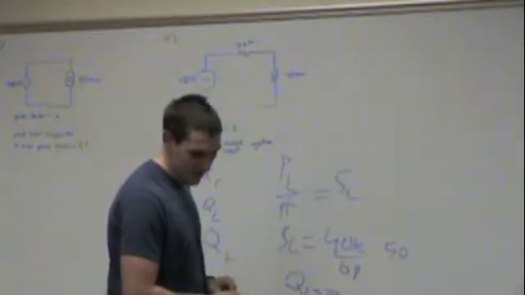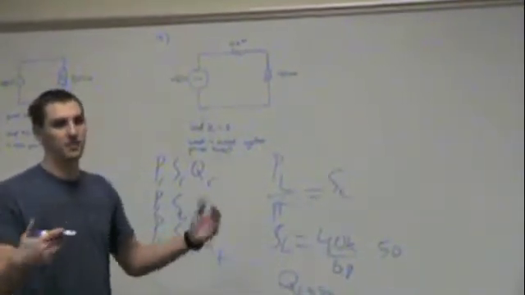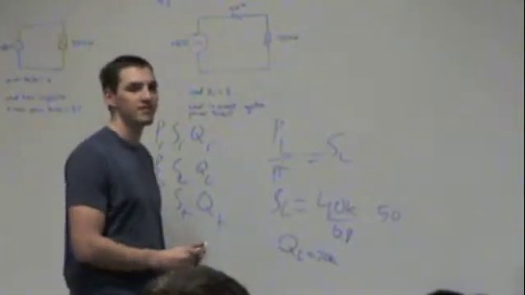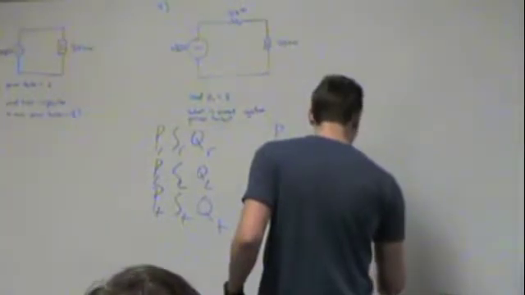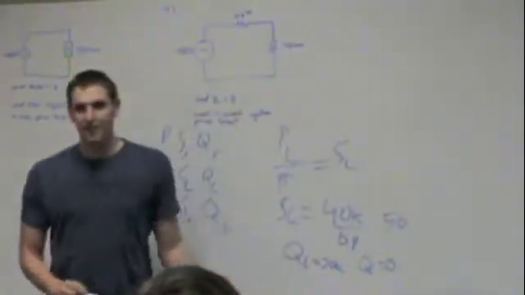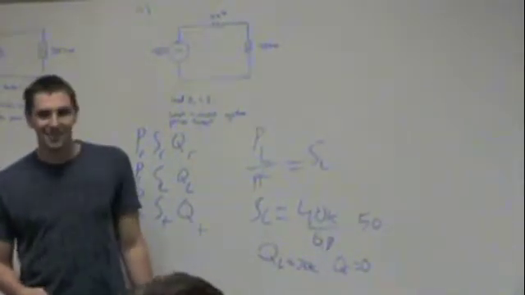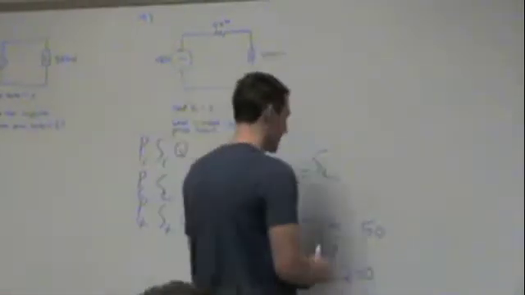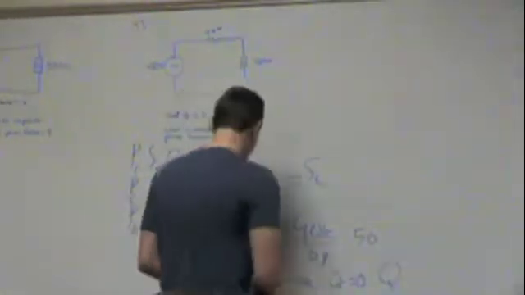Then we know that QL plus QR equals QT, which means QT equals 0 plus 30K.